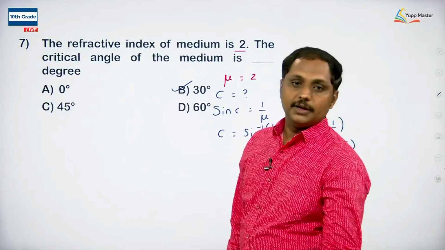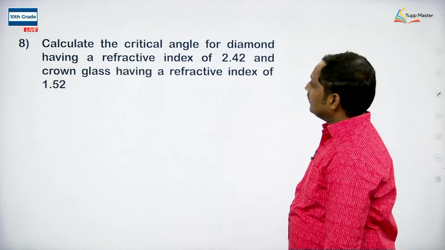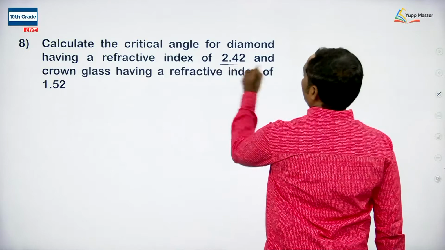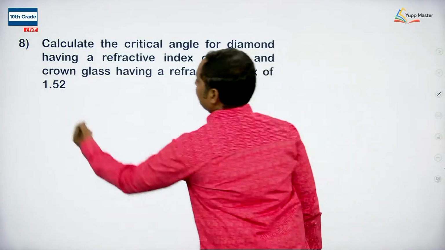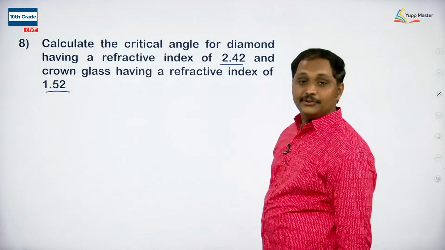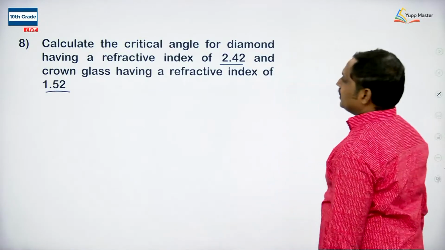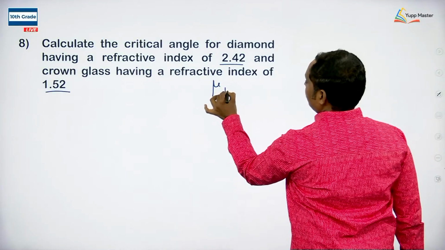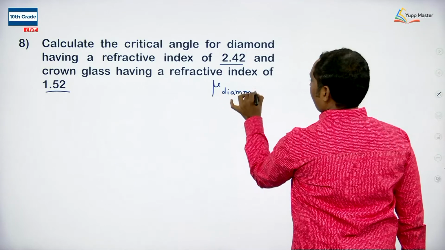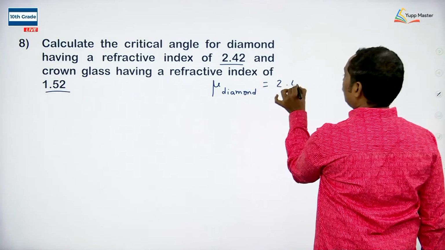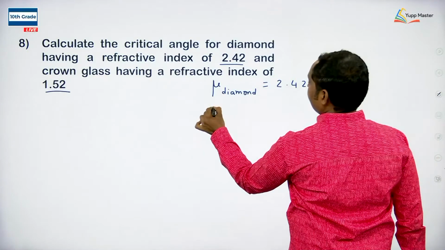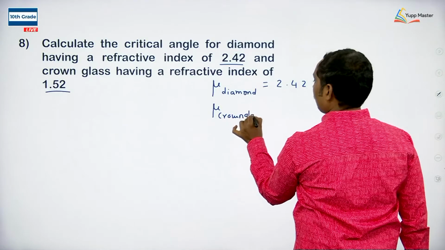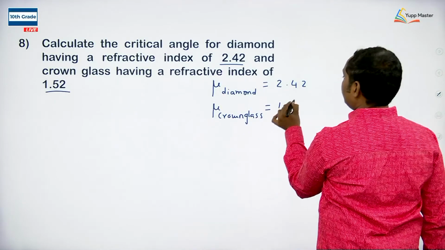Let us go for another problem. Calculate the critical angle for a diamond having the refractive index 2.42 and crown glass having the refractive index 1.52. Now, you can take that mu diamond is equal to 2.42, mu crown glass is equal to 1.52.